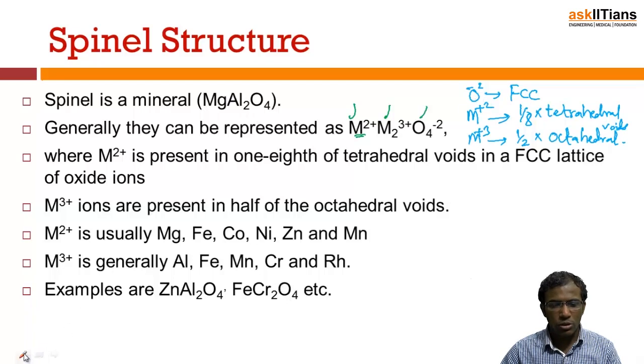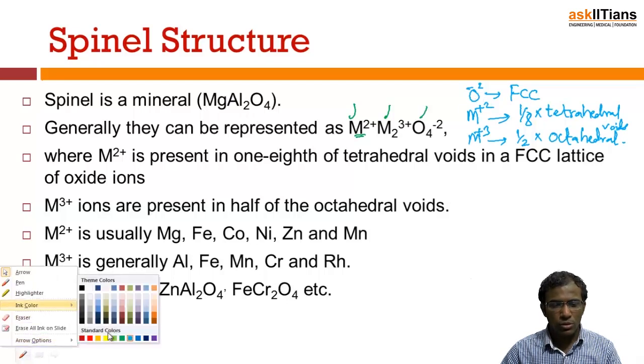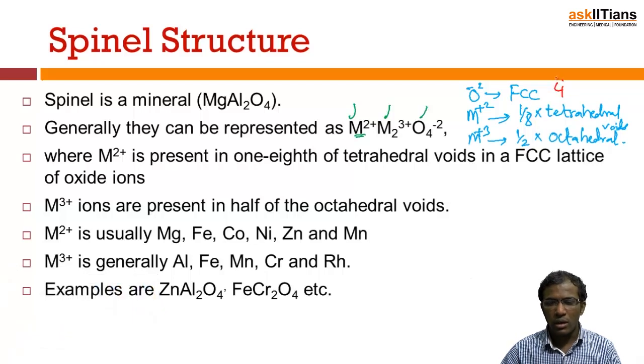Oxide ions are occupying FCC, so there will be 4 oxide ions. Since it is FCC, the tetrahedral voids will be 8, so 1/8 into 8 is 1, so 1 M+2. There will be 4 octahedral voids, so 1/2 into 4 equals 2. So there will be 2 trivalent ions, 1 bivalent ion, and 4 oxide ions. So this is about the spinel structure.